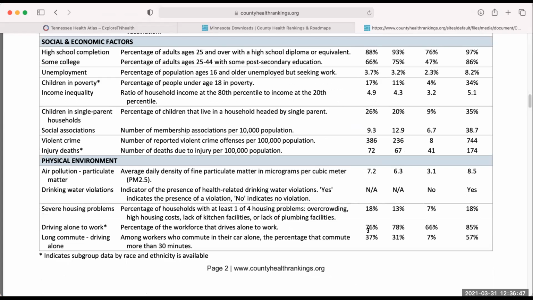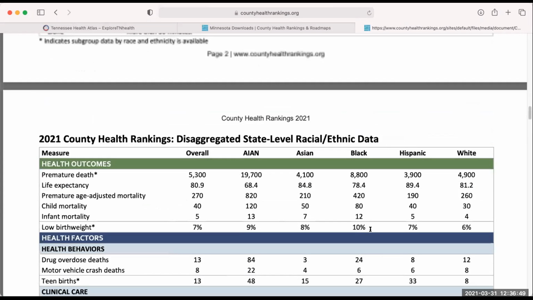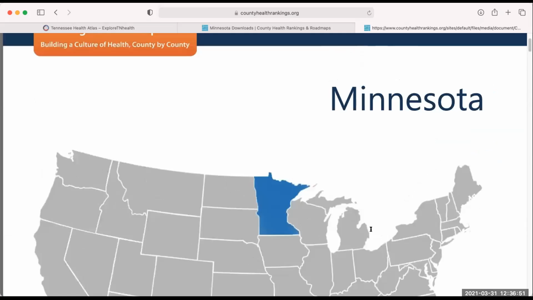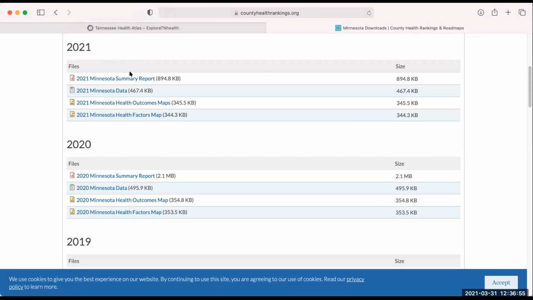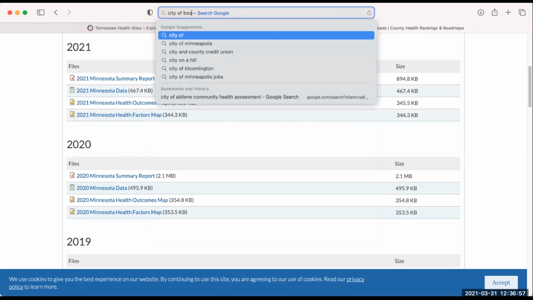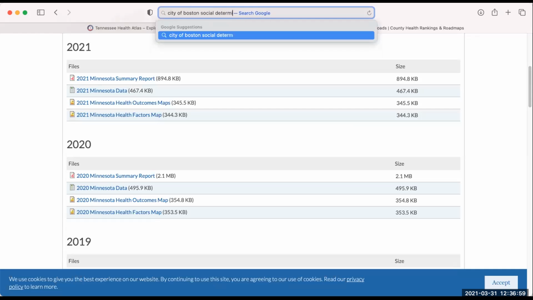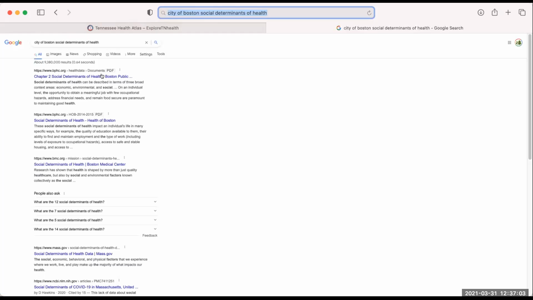So there's lots of data that you can use to identify, and you can see how granular we're going to get. Let's say city of Boston. Let's see what they have, which, Boston's a pretty big city.